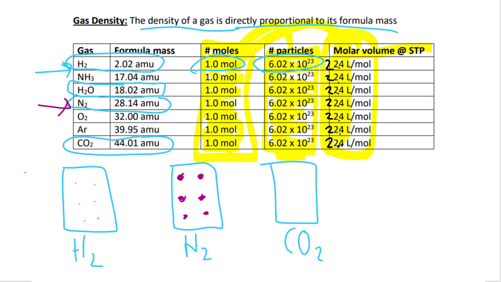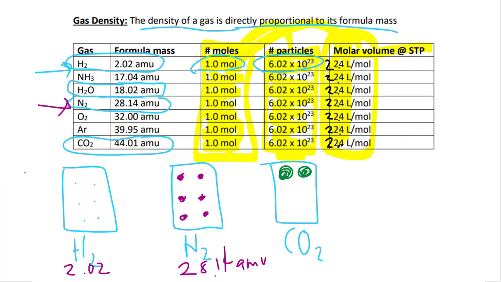So this is 28.14 AMUs a piece. So they're bigger than my H2s, which is 2.02. So these are much smaller. And then I go to my CO2, and my CO2s, wow, they're at 44. That's almost double.